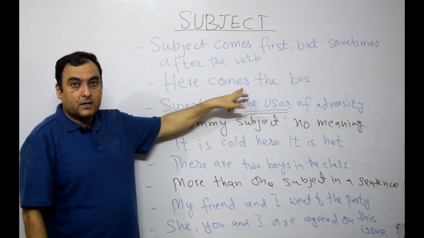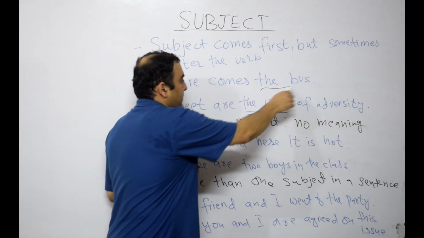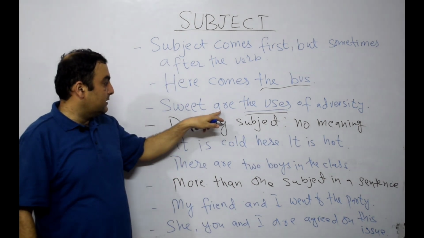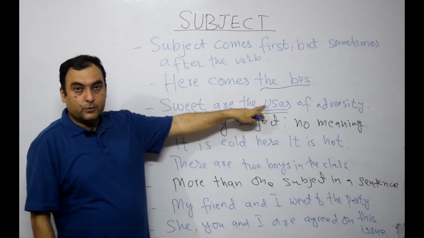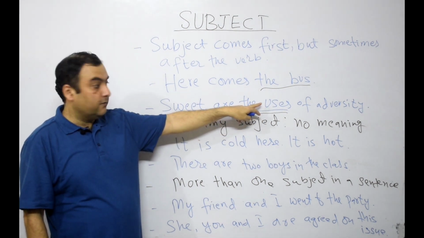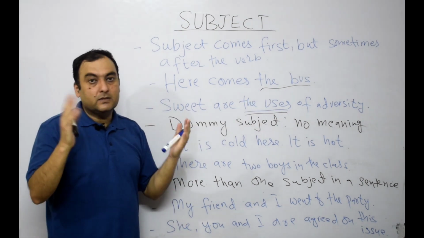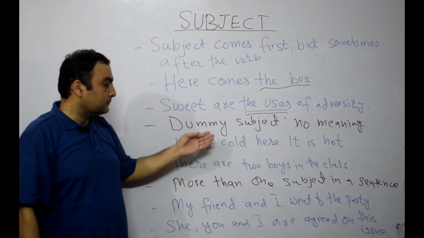So here the subject comes after the verb. The subject here is the bus and it comes after the verb. In this sentence, sweet are the uses of adversity, the uses of adversity is the subject and it comes after the verb. These sentences are not very common, but possible in English.